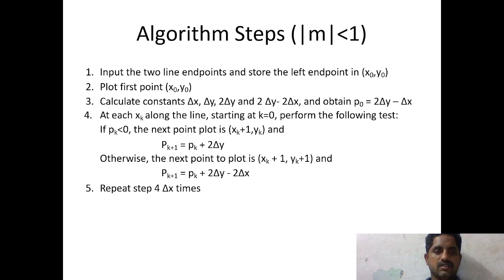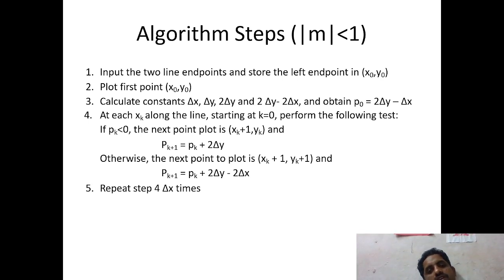If pk is less than 0, the next point to plot is xk plus 1, yk, and pk plus 1 equals pk plus 2 delta y. Otherwise, the next point to plot is xk plus 1, yk plus 1, and pk plus 1 equals pk plus 2 delta y minus 2 delta x. Then repeat this step delta x times.